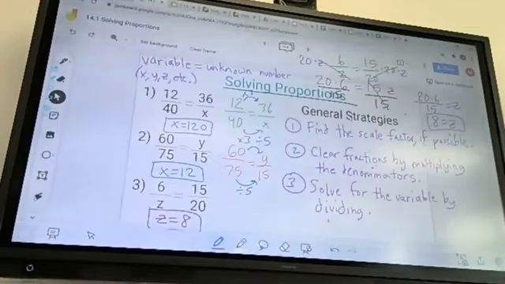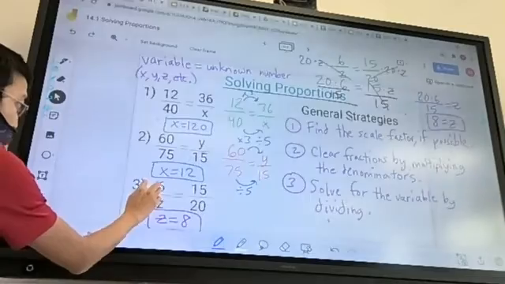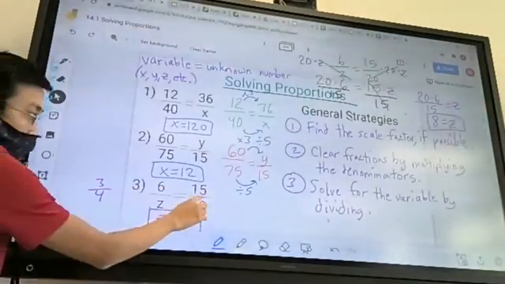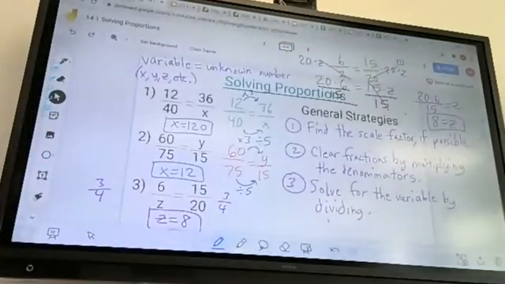And I can check to see if this is right by simplifying the fractions. If I simplify 6 over 8, that's 3/4. If I simplify 15 over 20, I also get 3/4. So they're proportional. And that applies to all the other fractions above.